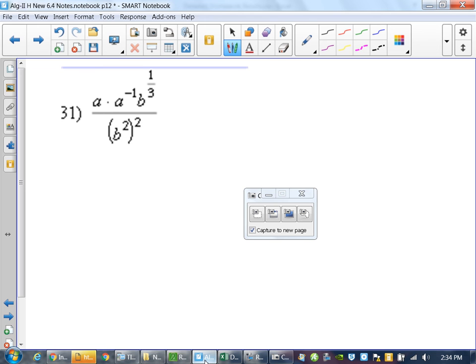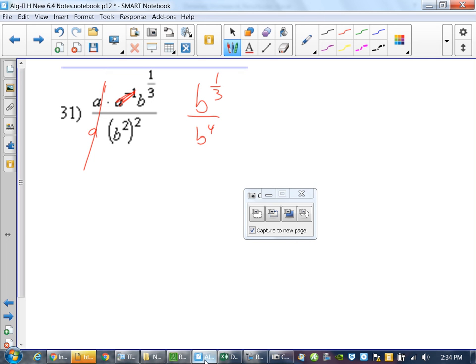Everybody okay with a to the 1st times a to the negative 1st is just 1? Everybody see that? Because if I send this guy down, it drops. Then I have power to power, so I have b to the 3rd over b to the 4th. That's the answer, because I don't have any fractions in the denominator, do I? So I'm done.